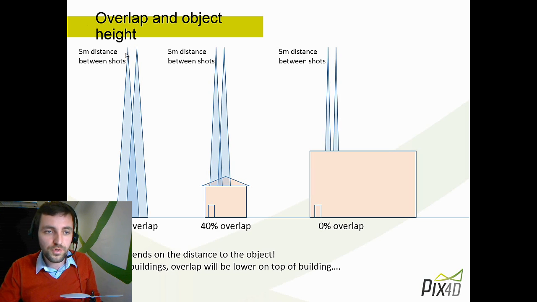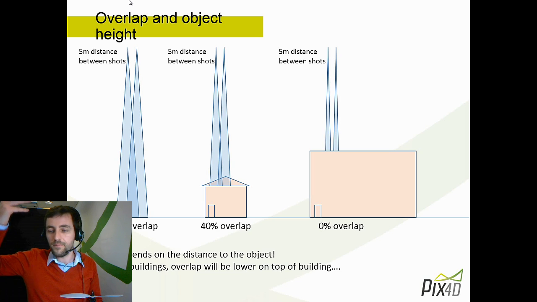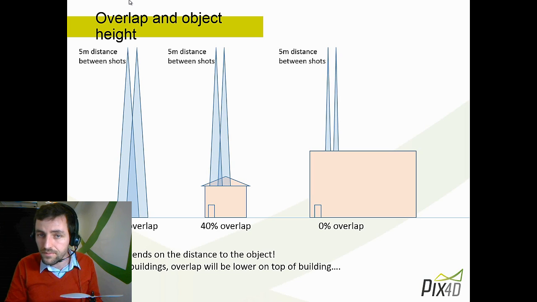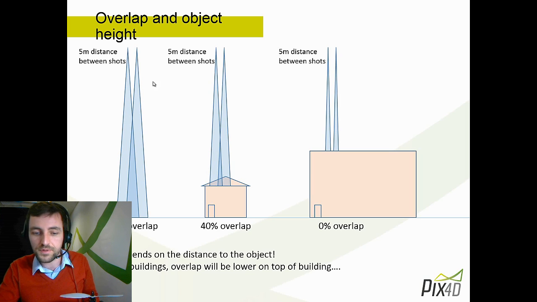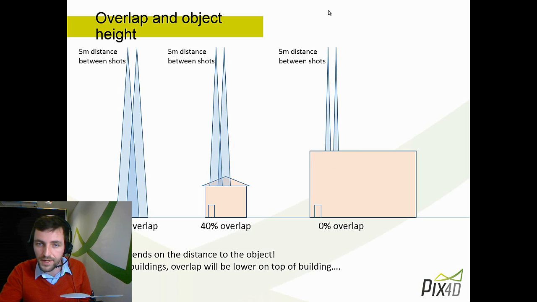So either you would fly a few more meters higher in altitude, or you have to increase the overlap in your scene even more. For this example, either you would fly much higher, let's say 10 to 20 meters higher, and then you will again have some overlap here, or you have to decrease the distance between the shots.